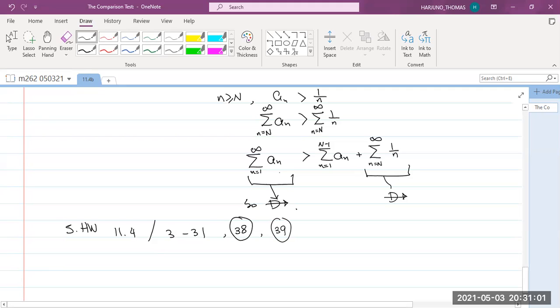How about number 44 also? Something to think about. But when I say something to think about, do your test first this Wednesday, and then during the weekend you think about this.